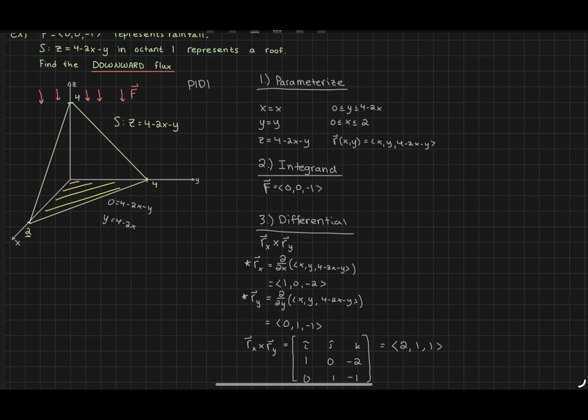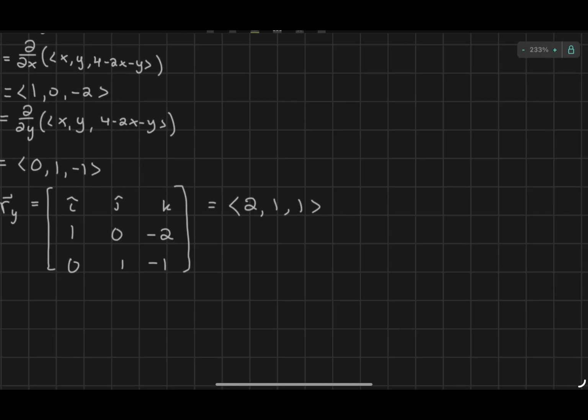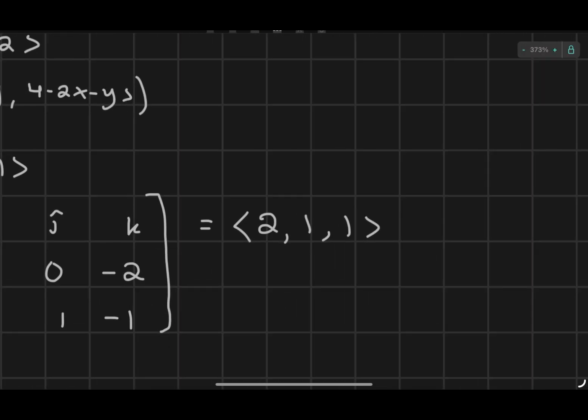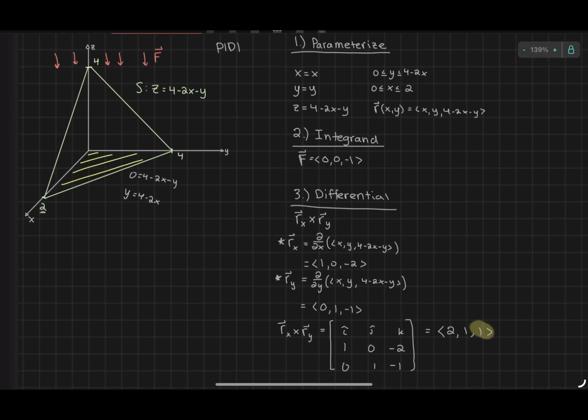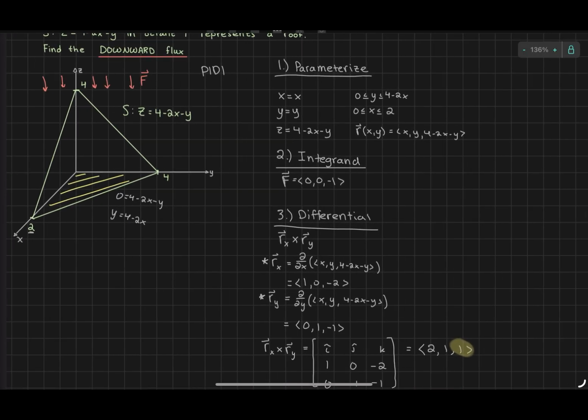I'll get more into this in just a little bit, but when we're finding the downward flux, that means that we need to look at our z value here. Our z value is 1. It sort of depends on what you define downward as, if you really wanted to flip your coordinate axis, but obviously downward is going to be down and upward is going to be up.